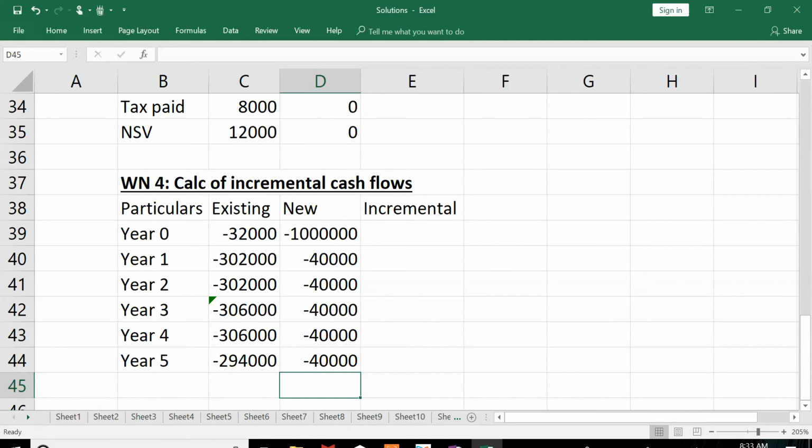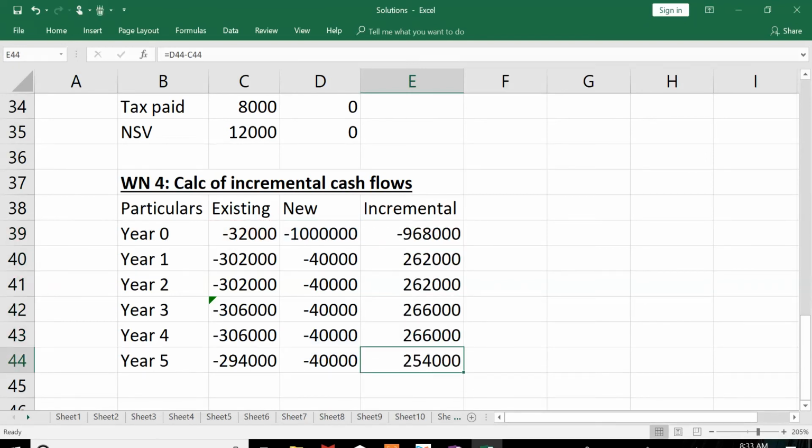Incremental will be new minus old. Get the NPV of that. Positive, go ahead. Negative, reject it. New minus old. Minus 40,000, minus of minus. It will be new minus old.